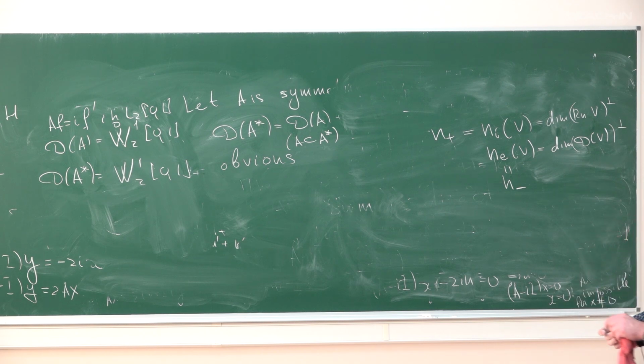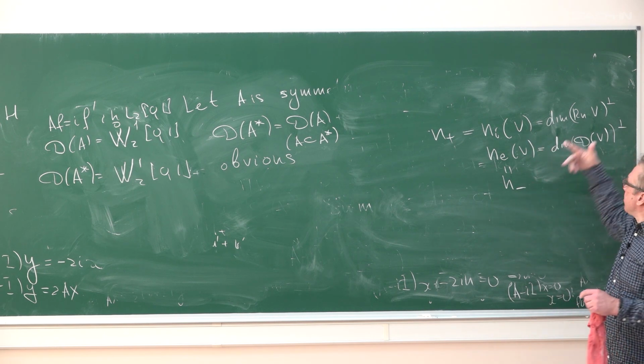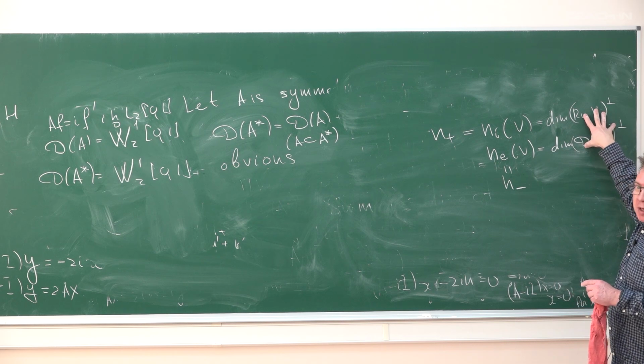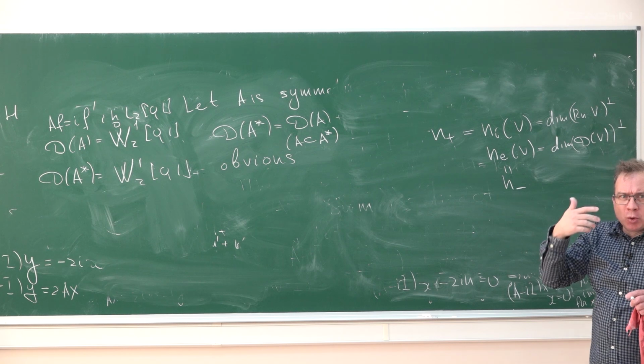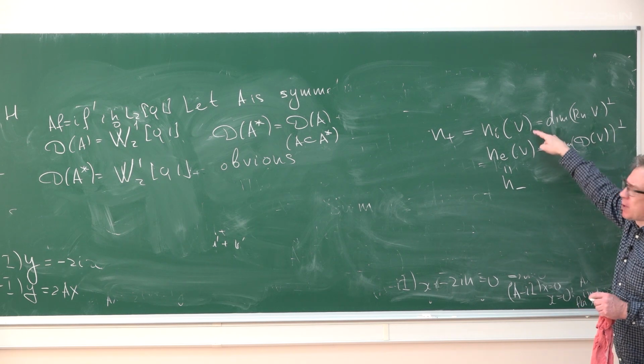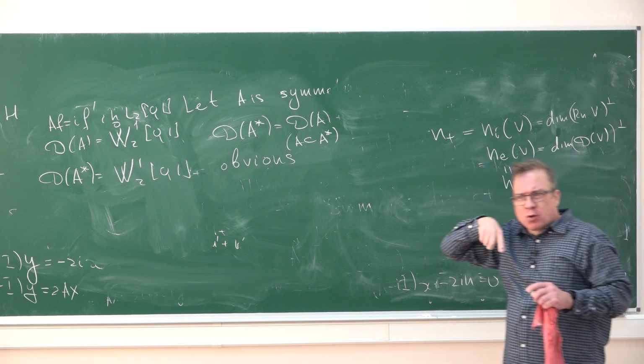So it is sufficient to construct some isometry between these two subspaces. So you see that our operator V is unitary if and only if these two numbers are zero. We have no defects in the range and in the domain.